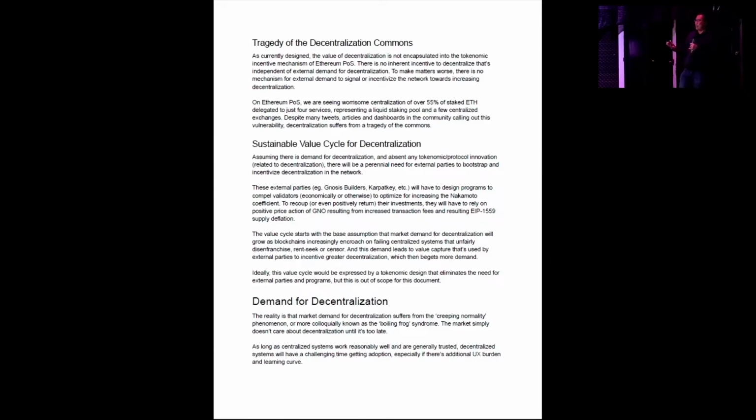This is a phenomenon commonly known as boiling frog syndrome, sometimes called creeping normality. If you think about traffic, you know that at rush hour, traffic is going to be bad, but still, no matter what you do, people still drive during rush hour. There's a kind of tragedy of the commons there. So essentially, what this is saying is that you don't care about decentralization until you need it, until it's too late.